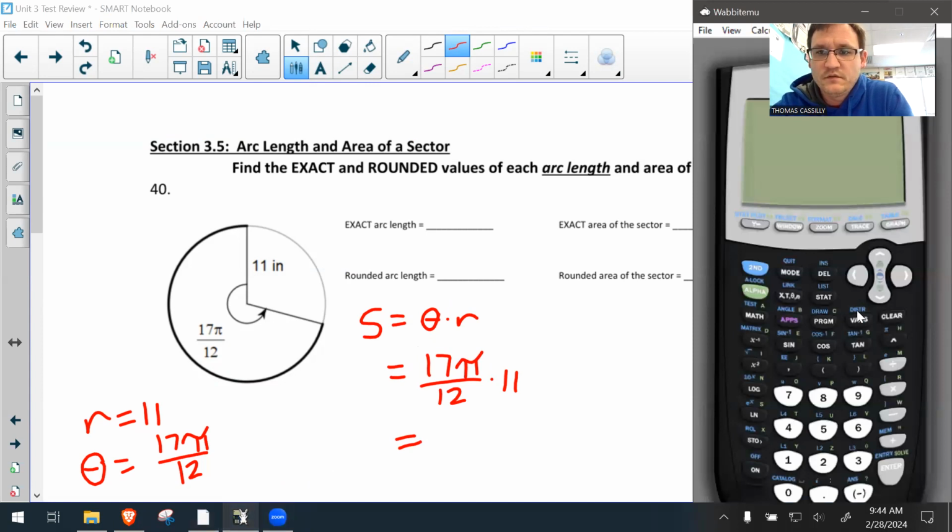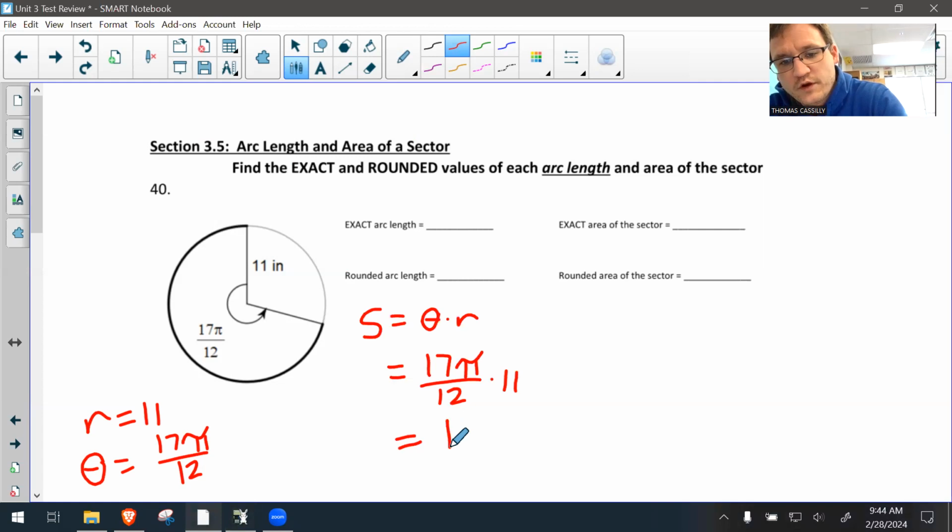17 times 11, and then divided by 12. That's going to give me a decimal, and I don't want that decimal, so let's turn it into a fraction. We have 187 twelfths. And don't forget about that pi, so I'm going to put the pi back on top.